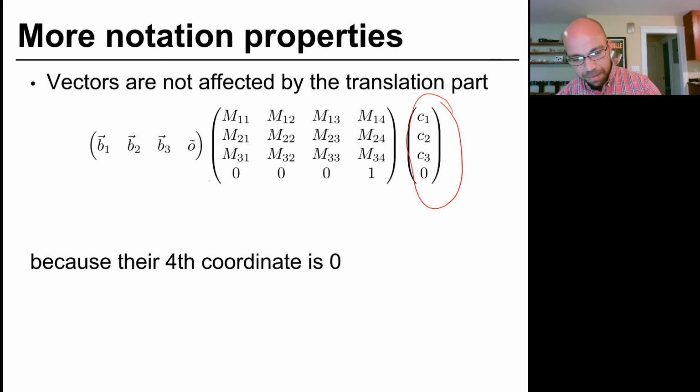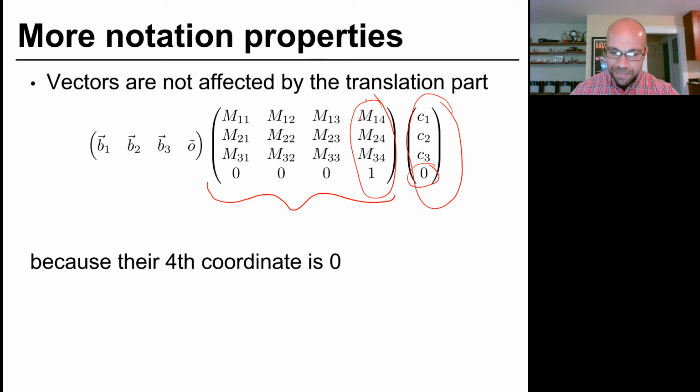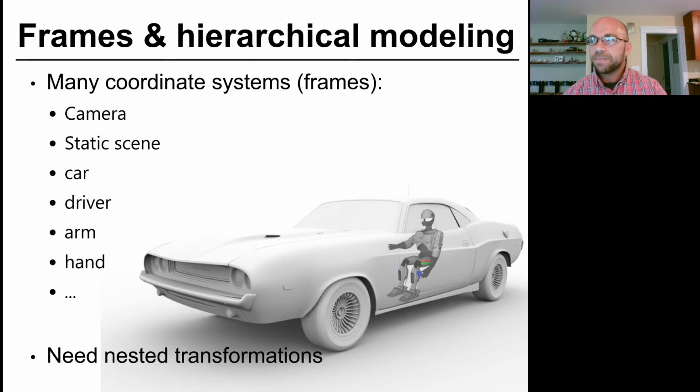So if I apply a matrix like this 4x4 guy that we've written here, essentially the 0 is going to zero out this entire last column, which is exactly what should happen, because if I apply an affine transformation to a vector, the thing that only affects points shouldn't be noticed. Okay. And so that's the basic point here, that by adding a fourth coordinate, where the coordinate is 1 if I'm a point and 0 if I'm a vector, allows me to have a consistent picture of linear algebra that deals with both points and vectors at the same time.